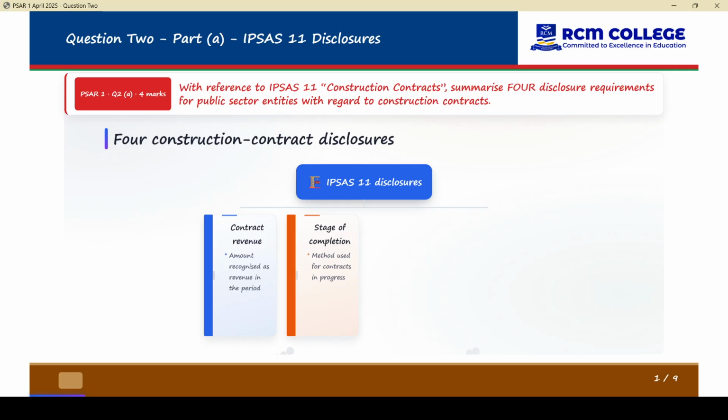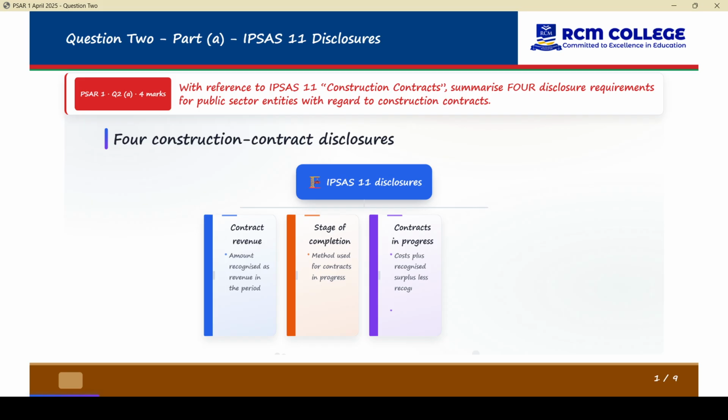And then you say cost to date, where 300 million divided by total estimated, which is say 60% complete. Alternatively, you can use survey of work performed or physical proportion completed. So you talk about stage of completion using the method for contracts in progress.